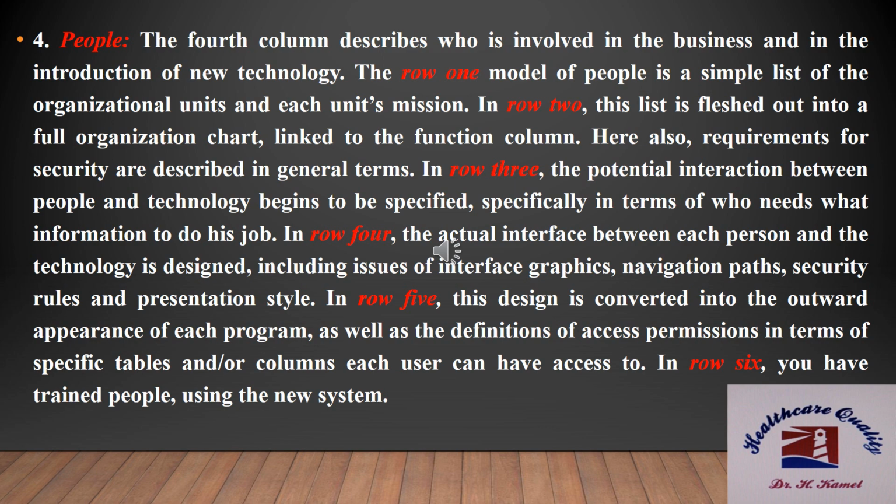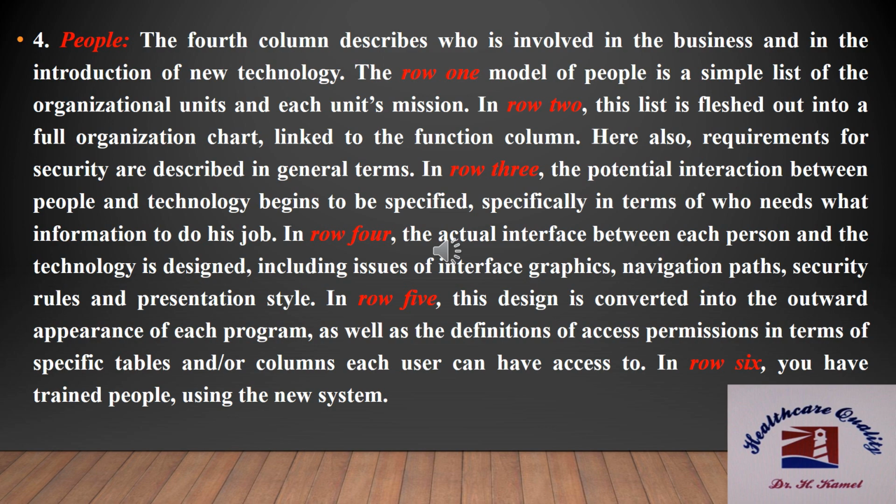In row 3, the potential interaction between people and the technology begins to be specified, specifically in terms of who needs what information to do his job. In row 4, the actual interface between each person and technology is designed, including issues of interface graphics, navigation paths, security rules, and presentation style.